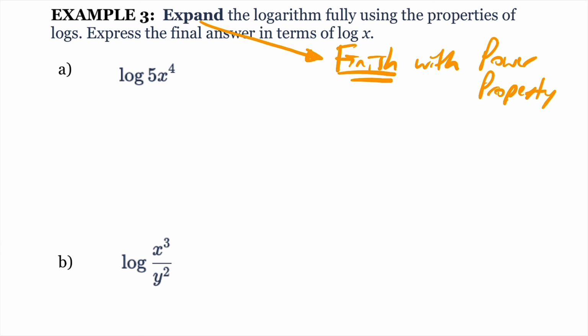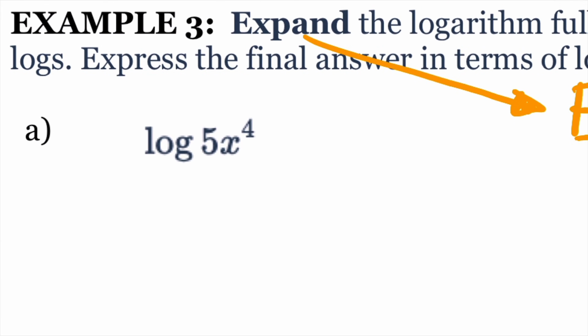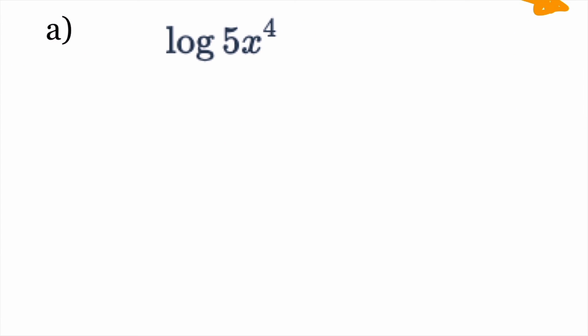So how do we know if we're going to use product or quotient? Like for 5 log x to the 4th, how do we know if we use product or quotient? That's power. Exponent power. We'll do that last, right?